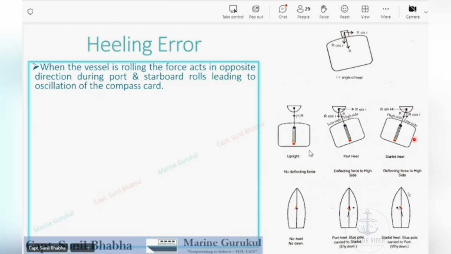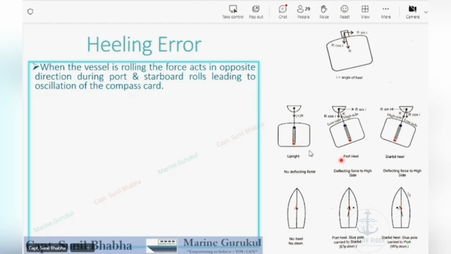In case of the starboard heel, the blue pole is carried to the port side of the compass bowl or the compass card, generating a westerly deviation. This blue pole attracts the red end of the compass needle pointing towards north, and it generates a westerly deviation.